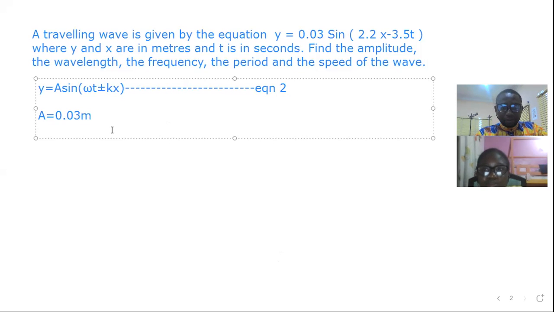This question is also rearranged with this K. If you check here, 2.2 here is K. Okay, it's 2.2.